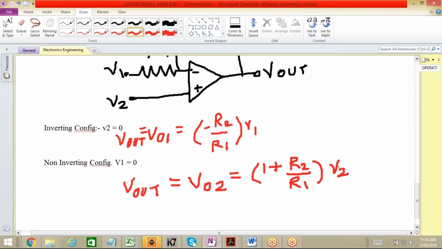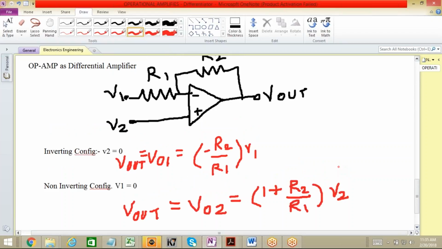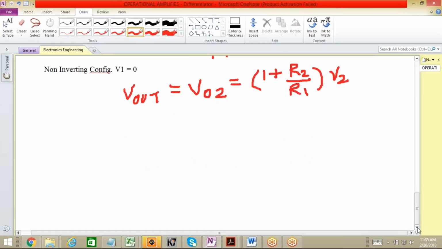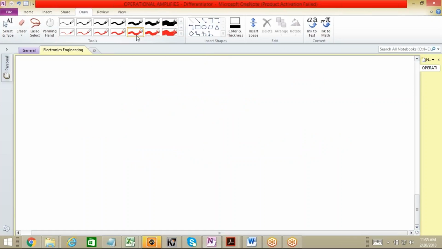Now let's say both V1 and V2 are acting simultaneously. So what does it mean? It simply means we just have to make a sum of V01 and V02, right? V output will become equal to V01 plus V02.